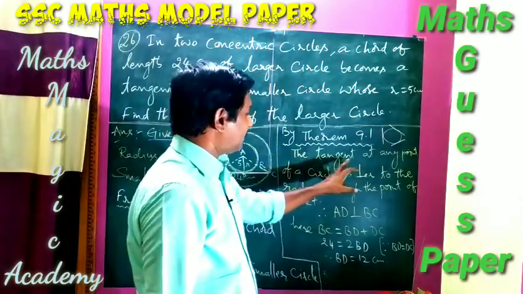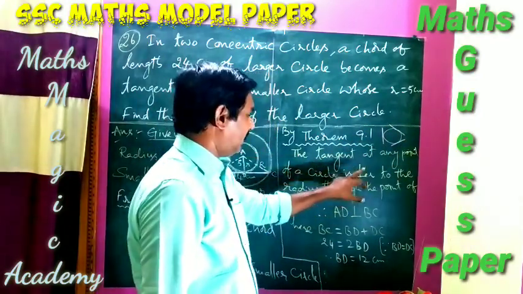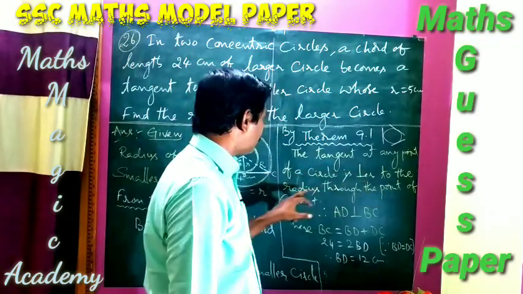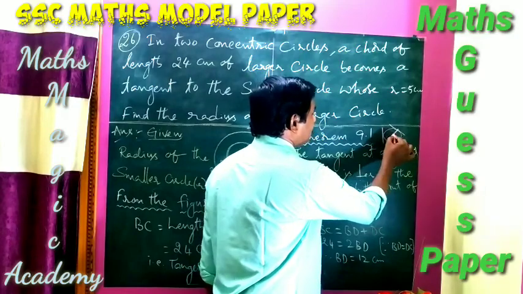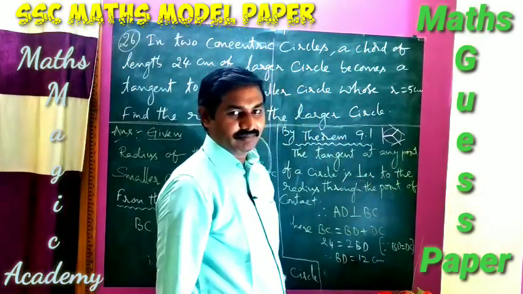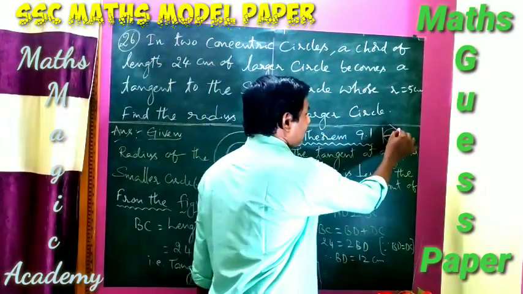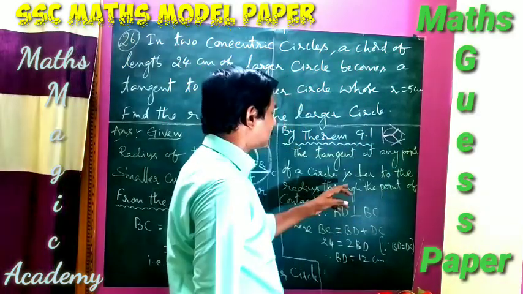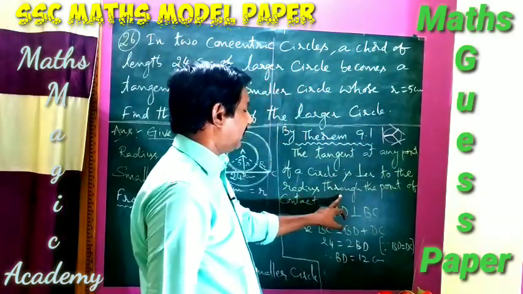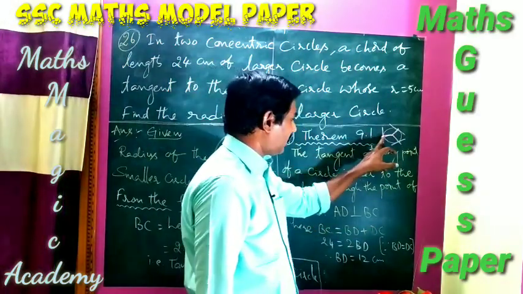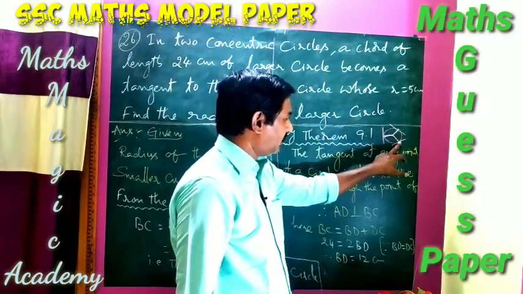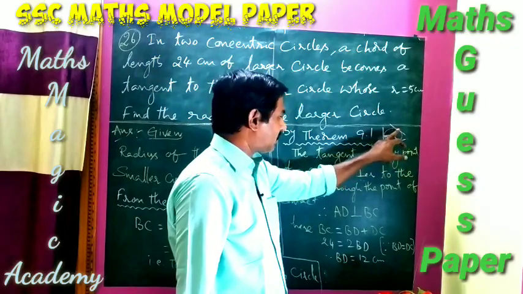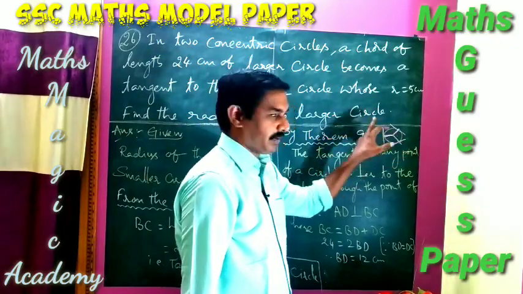So the tangent at any point of a circle is perpendicular to the radius through the point of contact. Whichever way you draw the radius, this is the point of contact of this tangent, and of this tangent. For all these tangents, the radius will be perpendicular.